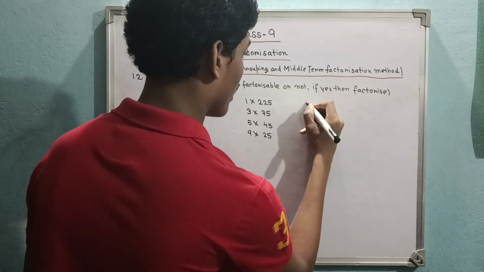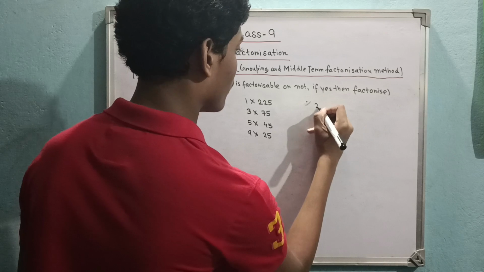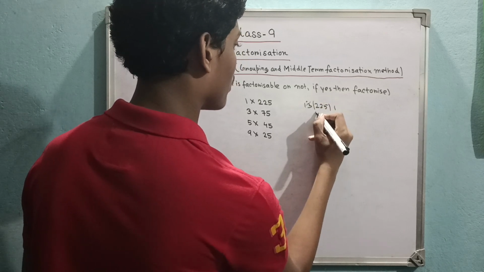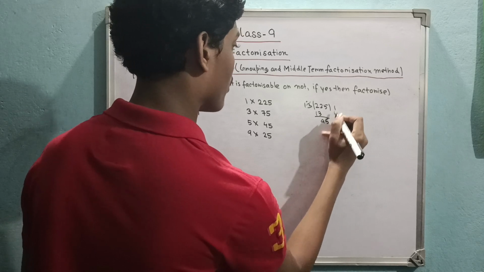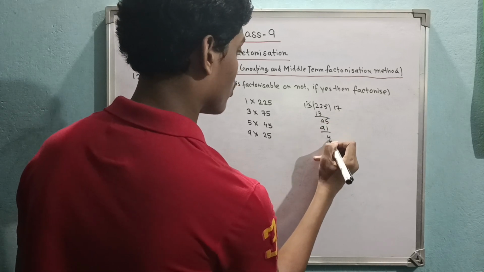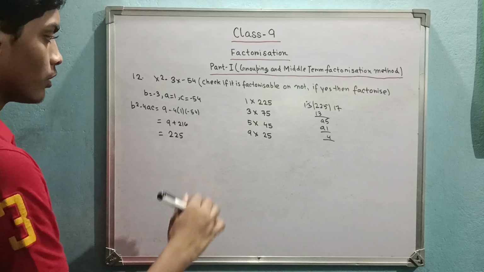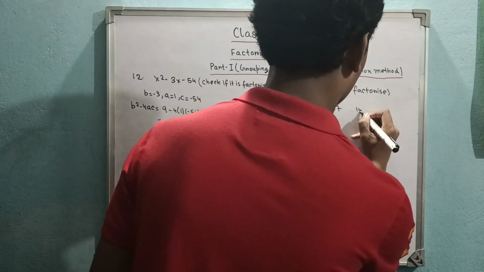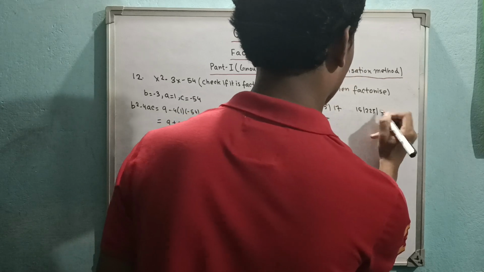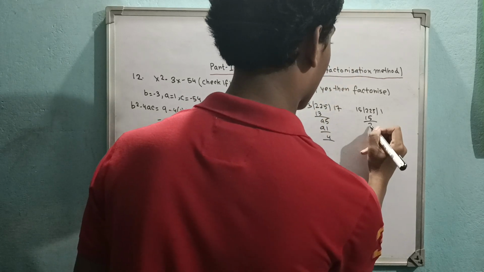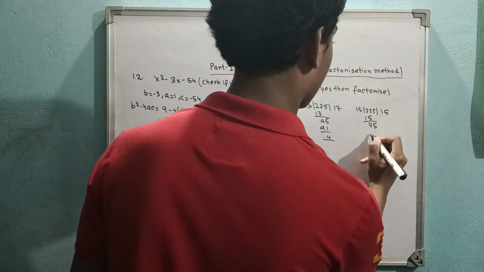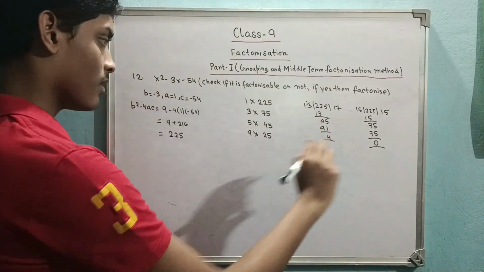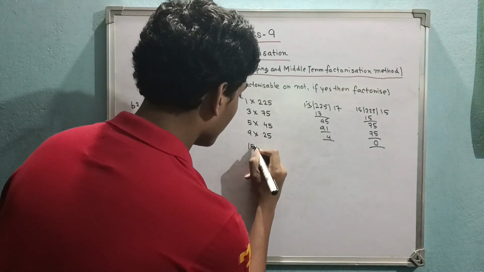By 13, if I divide 225 by 13, is it divisible? Let us see. No, remainder is there. No, it is not divisible. 14 can't be divisible. 15, let us see. 225 by 15 is 15, no remainder is there, and 15 into 15.